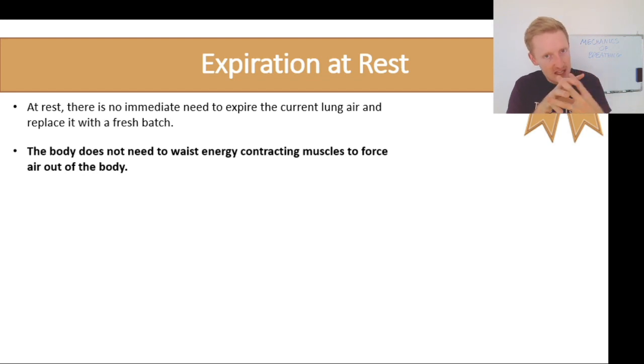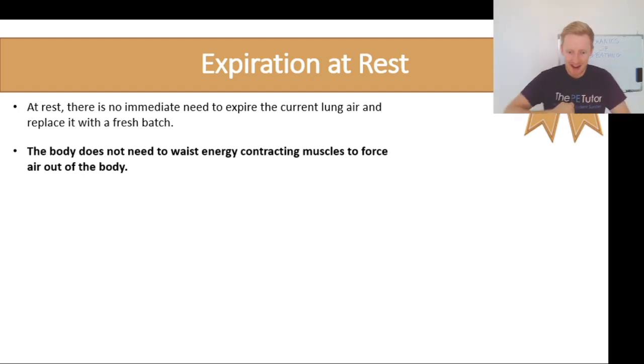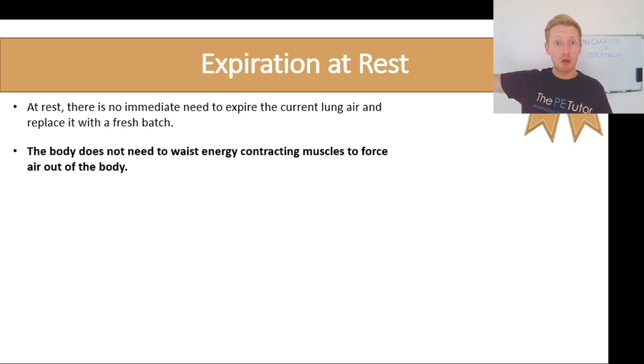There's less space for the air inside, therefore the air moves out. It didn't require any muscle contractions or any energy to be produced to pull the rib cage into its new position. We don't need to do that at the moment because there's no additional demand for oxygen or to get rid of CO2. So we don't need inspiration and expiration to happen too quickly.